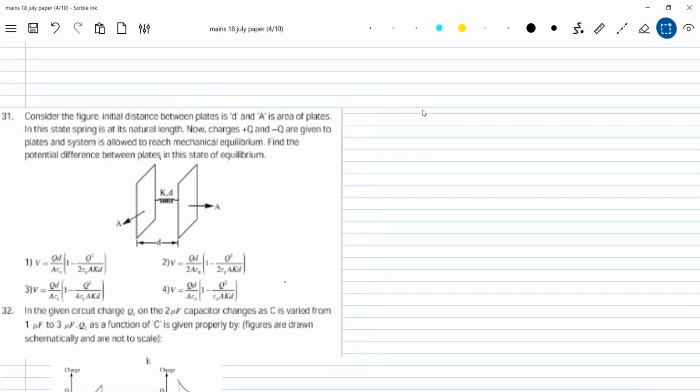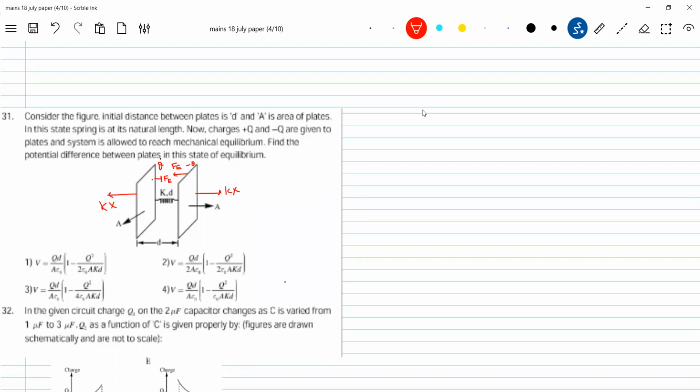So here the charge will be plus Q charge, minus Q charge. So an electrostatic force will act here. Then the spring will be compressed here. In this case, the spring force will act in this direction.